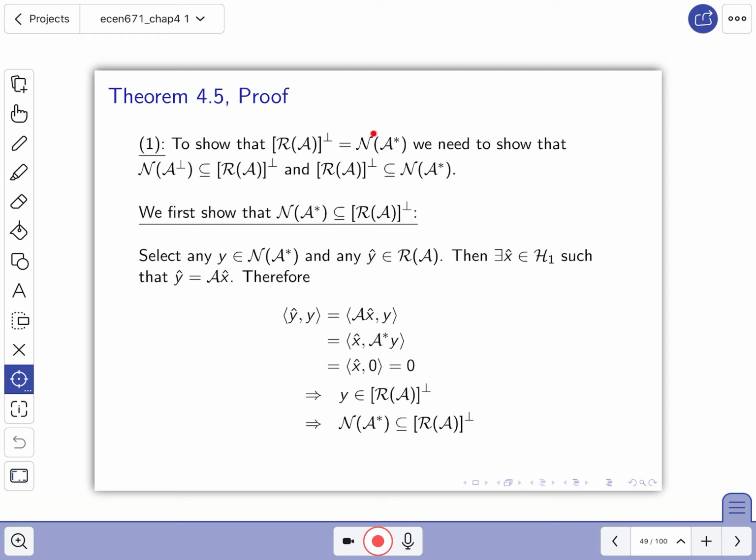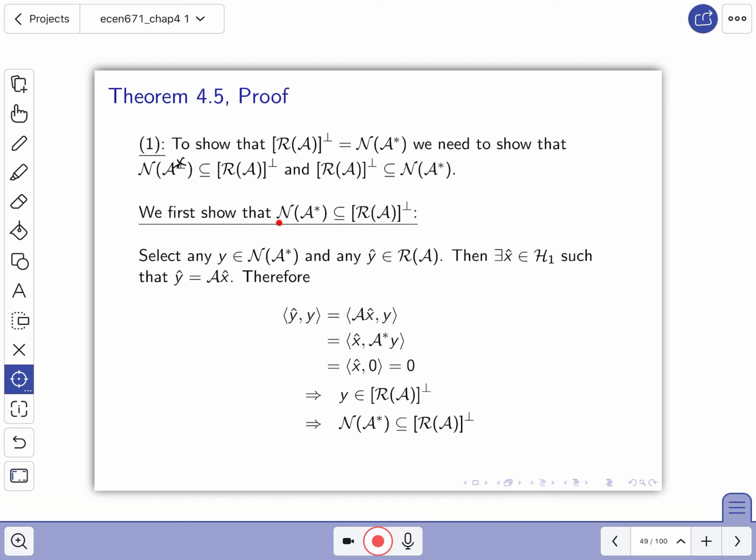Number one, we need to show that the null space of A star is contained inside of the space that is orthogonal to the range space of A, and the space that is orthogonal to the range space of A is contained in the null space of A star. So let's first of all show this guy, okay?